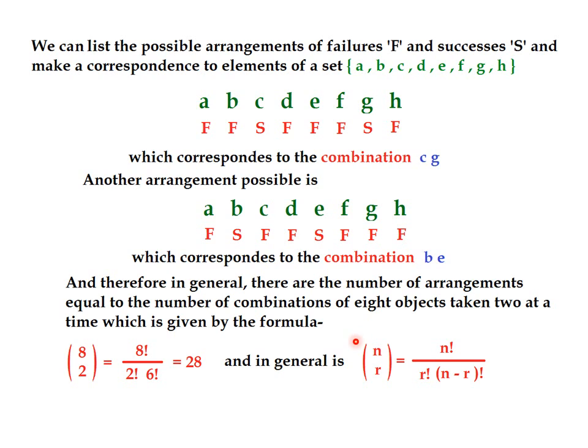In general, the formula for the number of combinations of n objects taken r at a time is one that's shown here that most of you should already be familiar with.